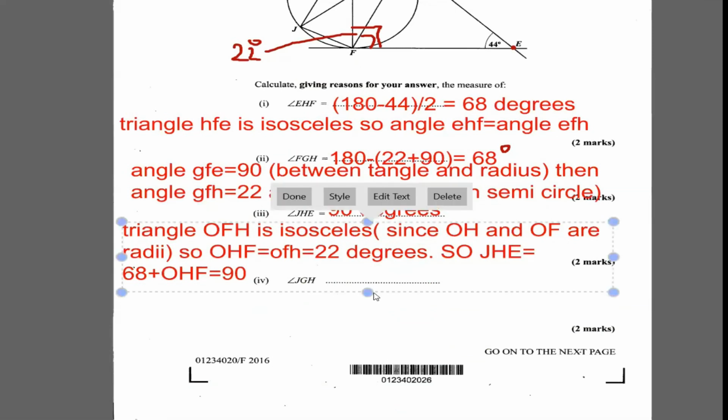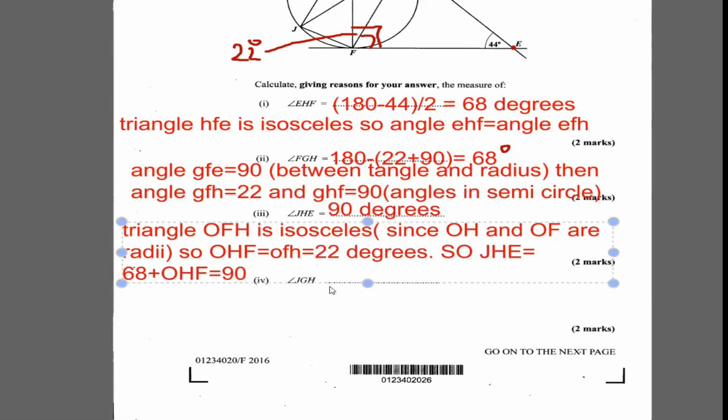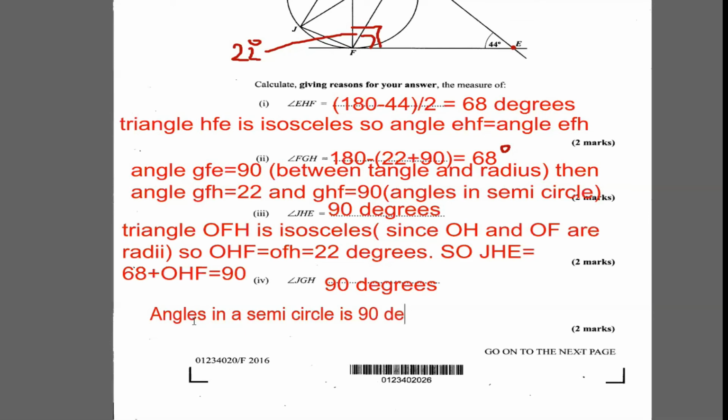Again, angle JGH is 90. So this was a very easy question, as we can see. 90 degrees. This is now angles in a semicircle is 90 degrees.